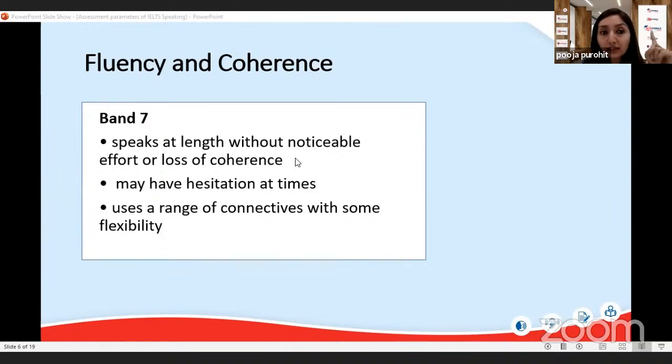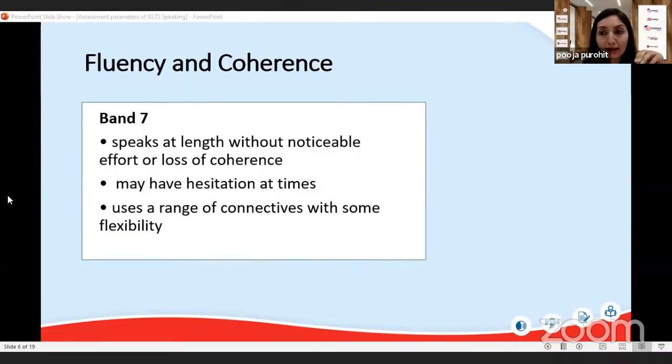He should speak at length without noticeable effort or loss of coherence. There could be hesitation, but very little, and whatever it is only content related, and should be able to use a range of connectives with some flexibility.